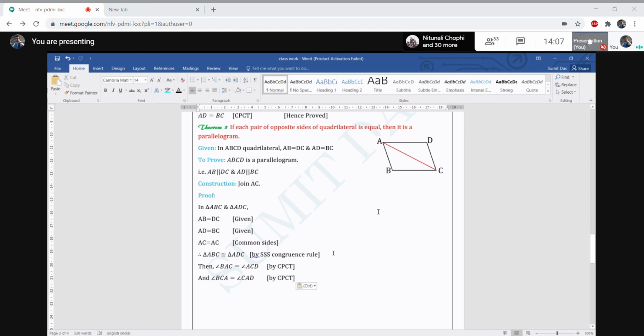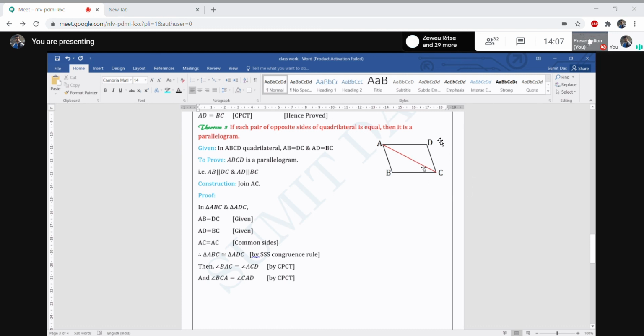Okay. So again, what I'm doing: triangle ABC and triangle ADC are both congruent, right? By the congruency rule we proved that. So I can write BAC, this angle, and ACD, this angle, are equal by CPCT rule, and BCA, this angle, and CAD, this angle, these two angles are equal by CPCT.